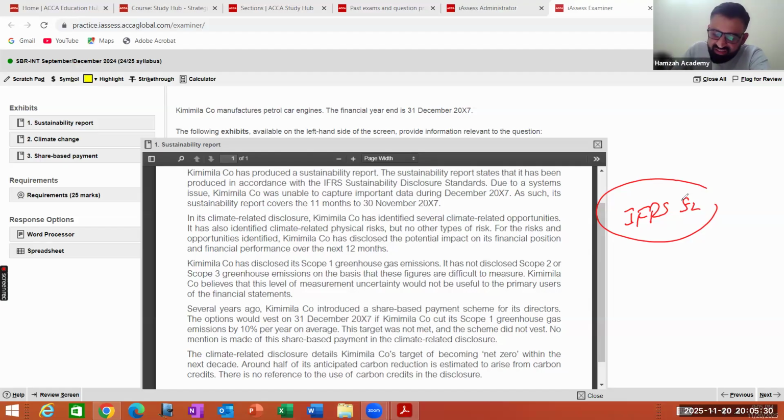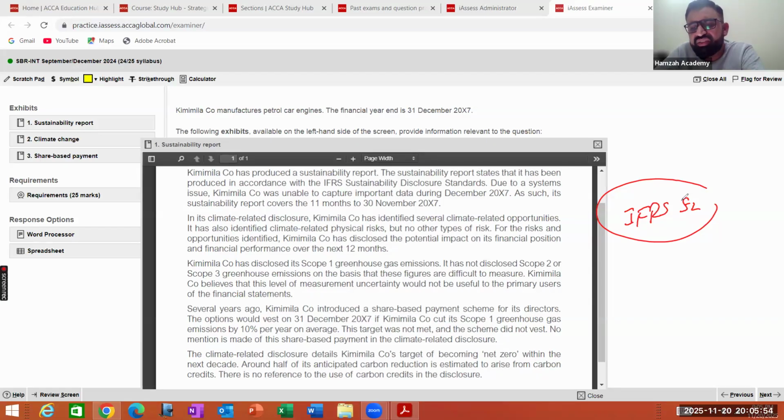Now, obviously, K is a manufacturing company, so they would be using electricity. No company can survive without electricity, without energy. So scope 2 disclosure is compulsory for K company. And they also don't disclose the scope 3.